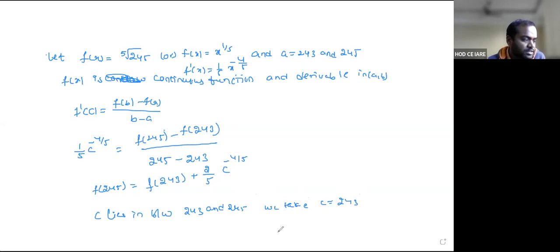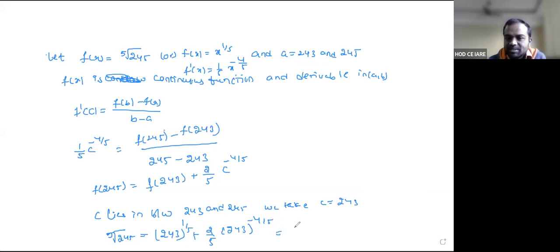We write and simplify: the fifth root of 245 is equal to 243 whole to the power of 1 by 5 plus 2 by 5 into 243 whole to the power of minus 4 by 5. We simplify to get some value.